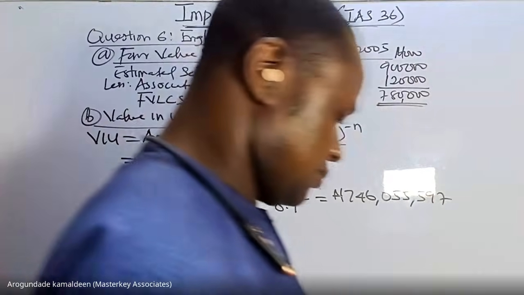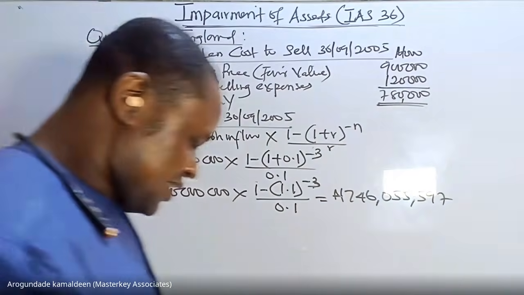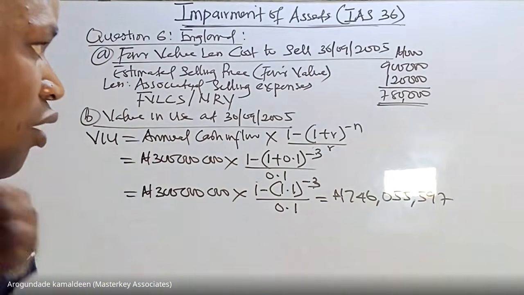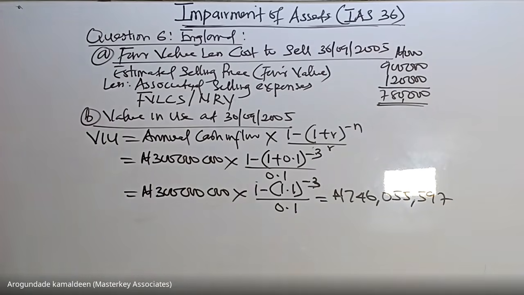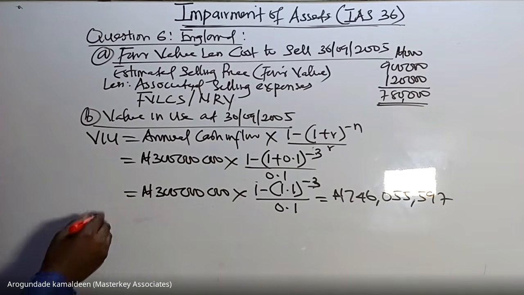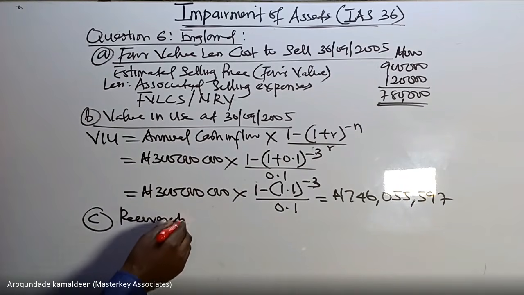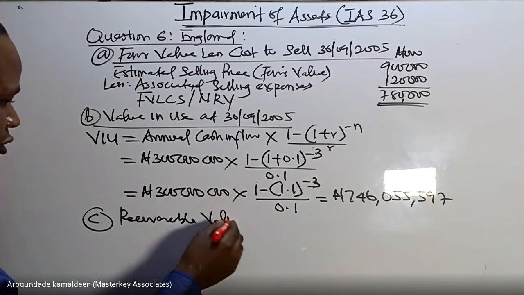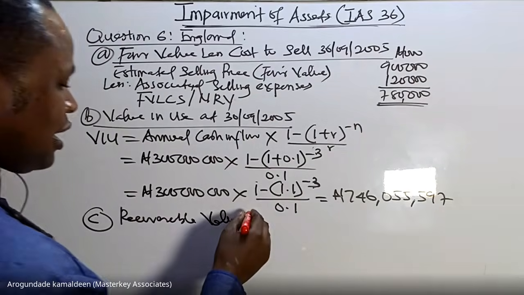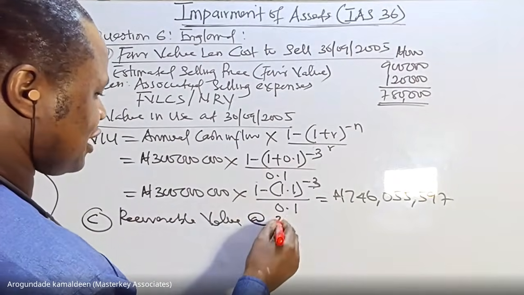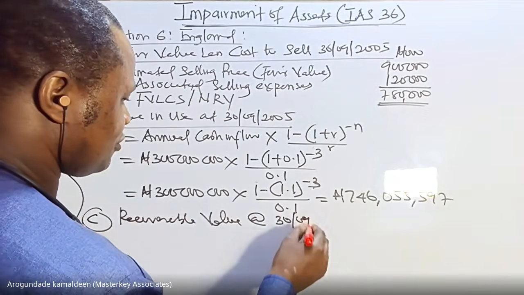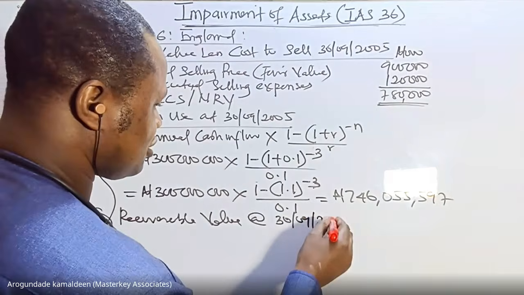So to save time. The C part, class, what is the recoverable value at 30/09/2005?